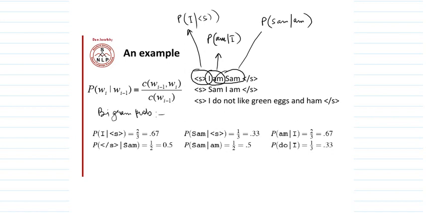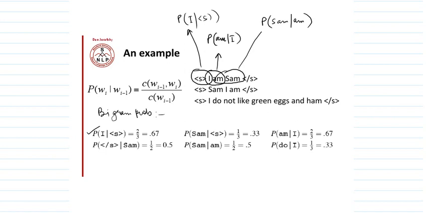So the first one is I given start, then the next one is Sam. This may not be in any order; these are just the probabilities that can be calculated. They have been calculated in this slide, six bigrams.